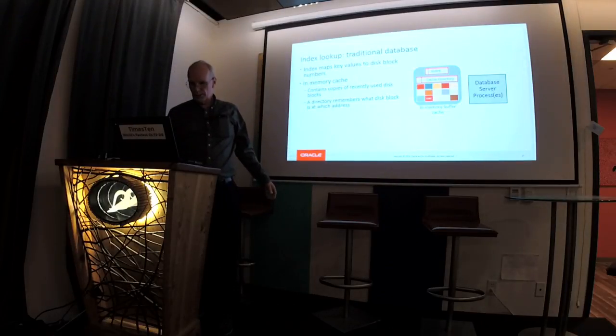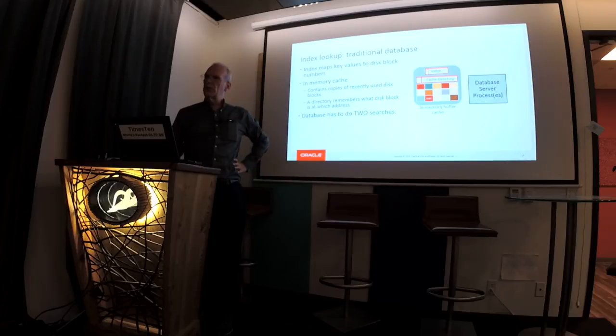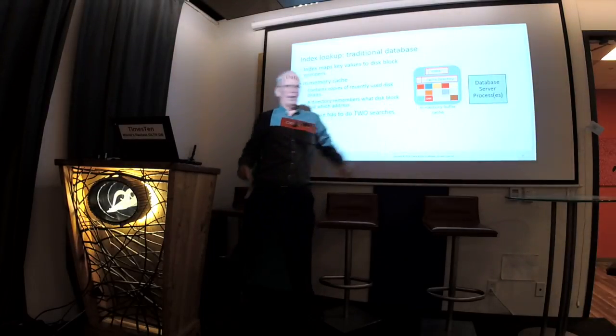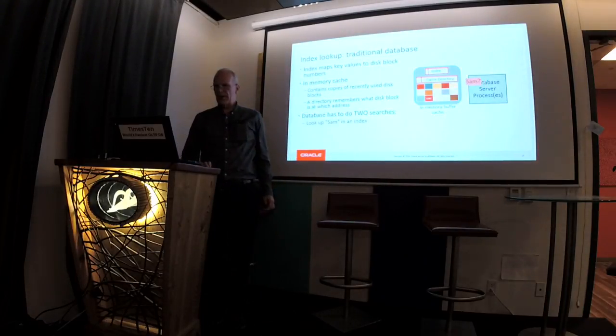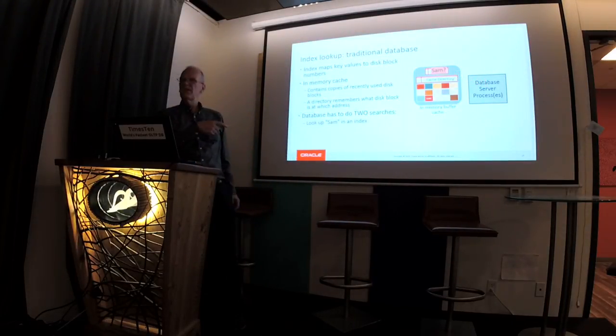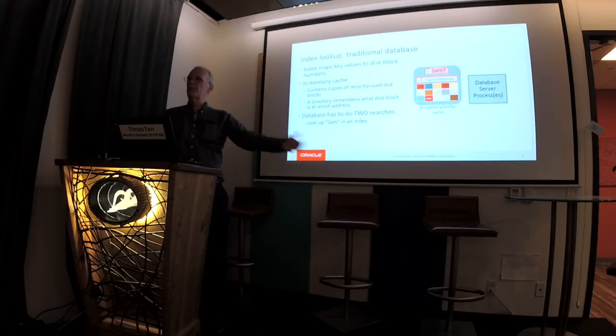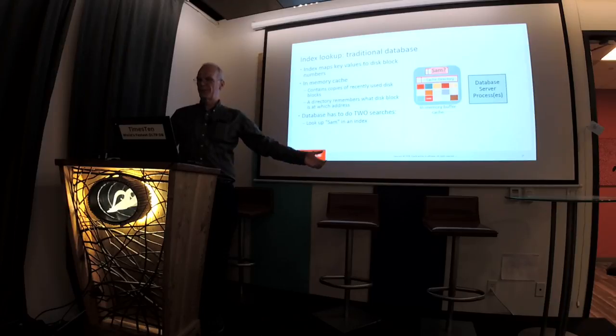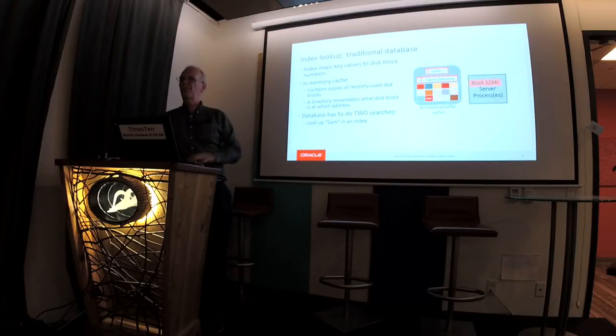So every time you look for a row, you have to do 2 searches. We're trying to find Sam's row, which is somewhere in that disk block. So we look up Sam in the index, and the index might say Sam's row in the emp table is on disk block 1, 2, 3, 4. So that's one lookup.